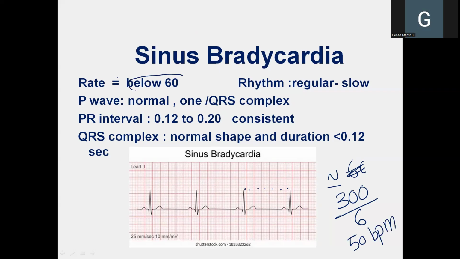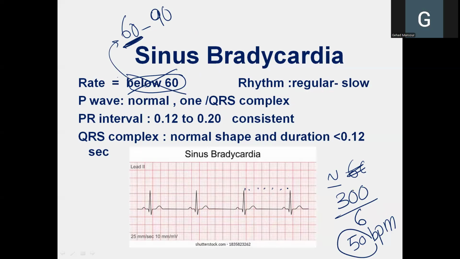So I don't want you to say only that the rate is below 60. But why are we saying here the rate is below 60? Because 60 is the minimum heart rate obtained by the sinoatrial node. But actually here it is 50, even less than the lowest value of the sinus rhythm.